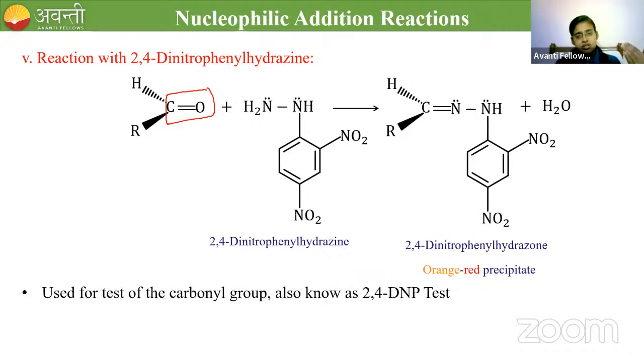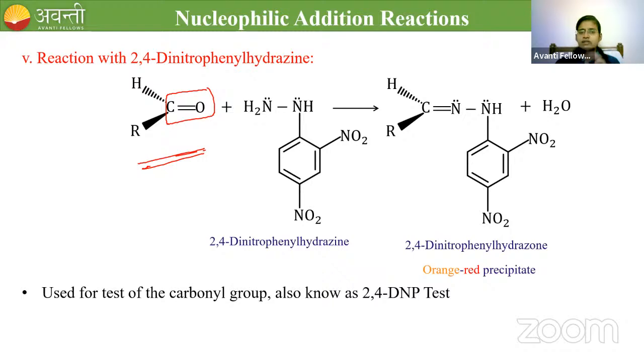Only if there is the presence of a carbonyl group will we get orange red. So if orange red color is not observed in the container, then we can come to the conclusion that the compound which we took in the container does not contain a C double bond O group. So if there is no C double bond O, there is no color formation. If there is C double bond O, then we will get orange red precipitate.